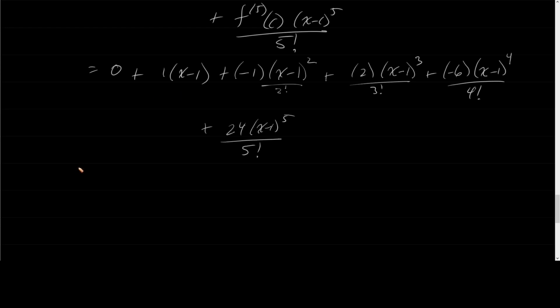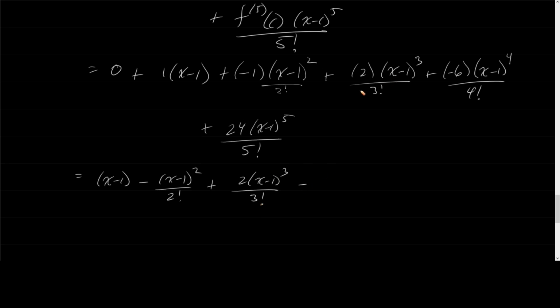Expanding this a little bit, I'm just going to rewrite this now, as that 0 is not really there. So it's going to be x minus 1 minus x minus 1 squared over 2 factorial plus 2 times x minus 1 cubed over 3 factorial minus.